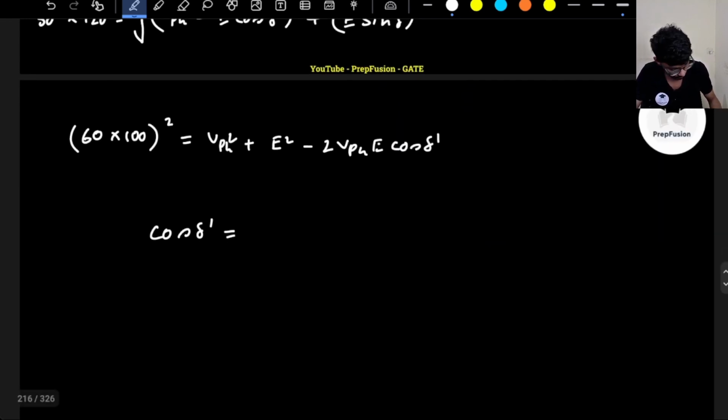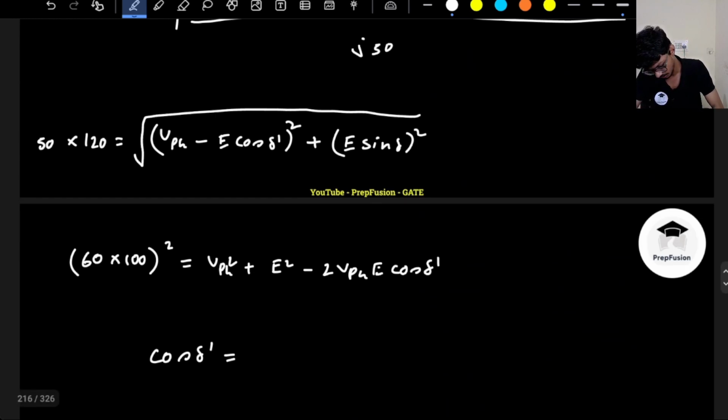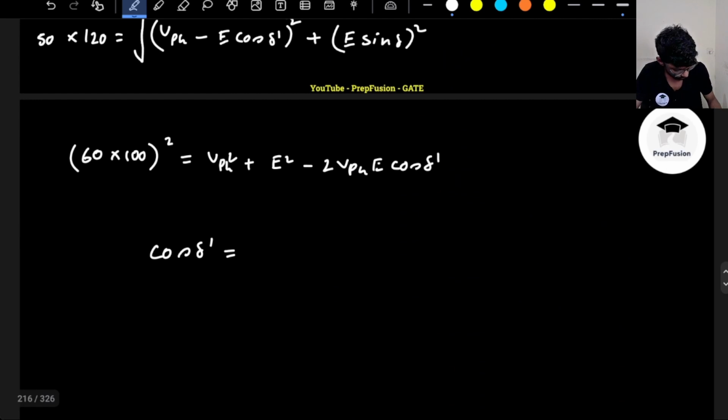Then we divide by 2 into V phase, that is 6350.8, into E phase, which is 8082.9. So cos delta comes out to be 0.678.